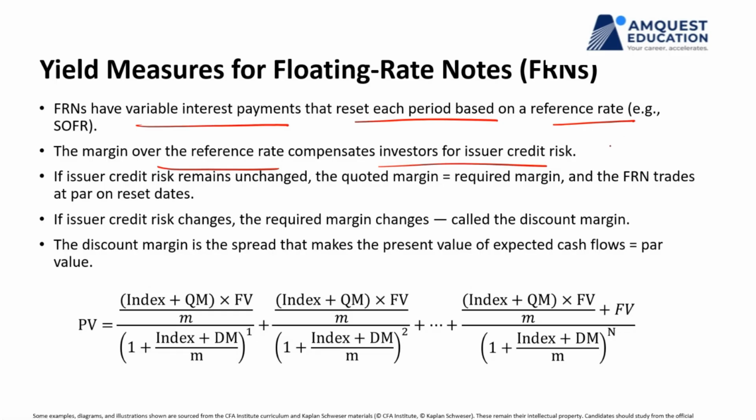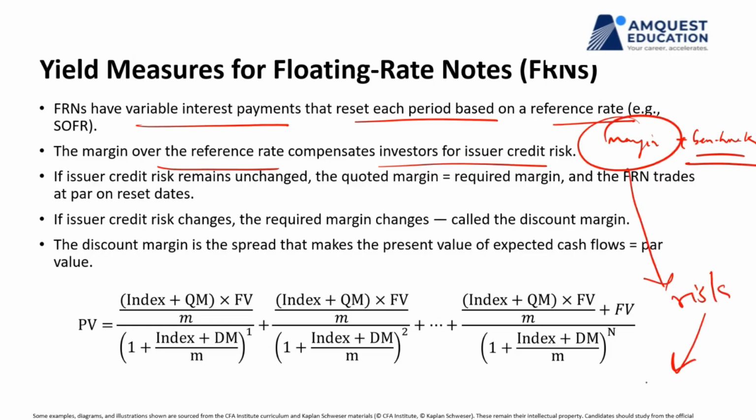And that is what we've already talked about, that whenever you borrow, there is a margin added on a benchmark rate. This margin is primarily capturing risk, and the biggest risk is obviously default risk.